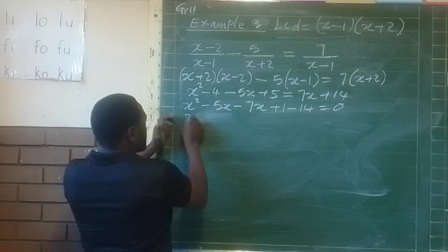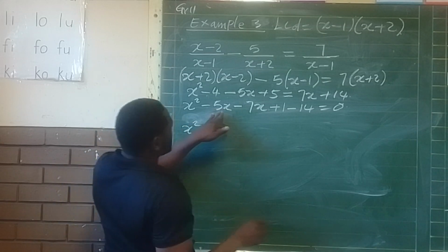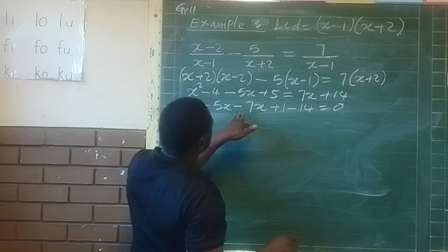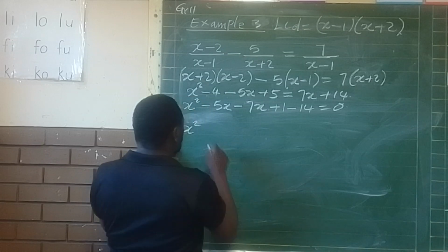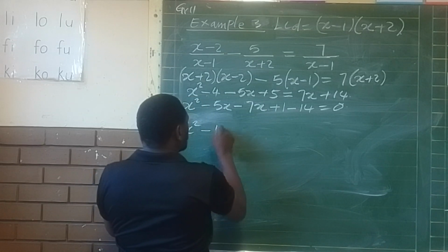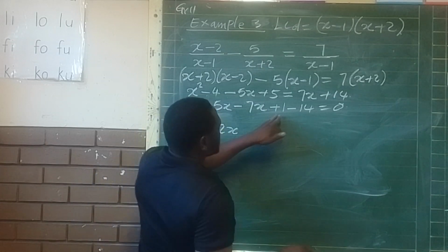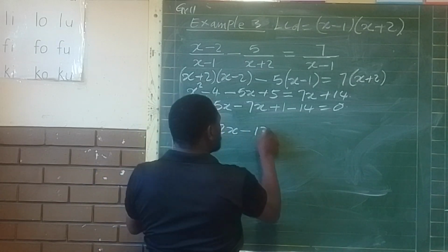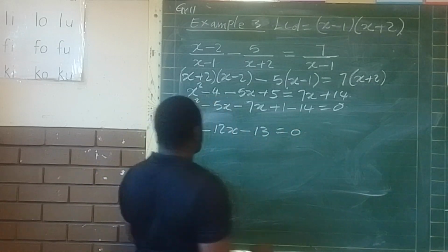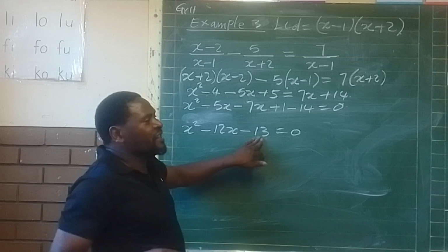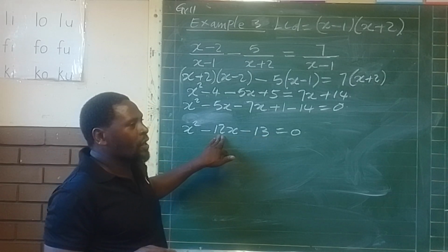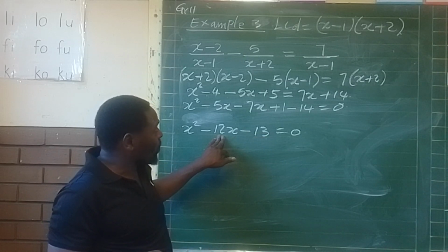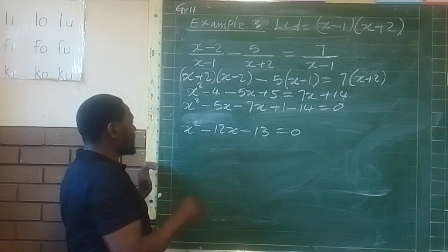Then it's x squared minus 5 and minus 7, it's minus 12x. A positive 1 minus 14, it's minus 13, is equal to 0. The factors of 13 that will give us 12 are 13 times 1. So we do have factors here.